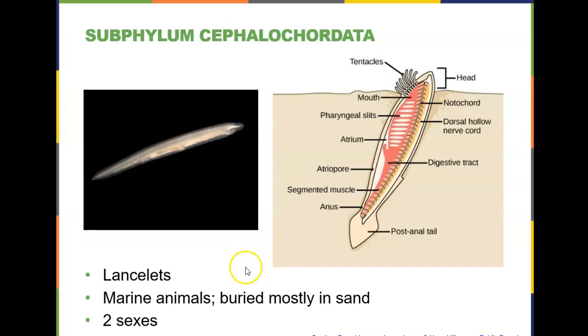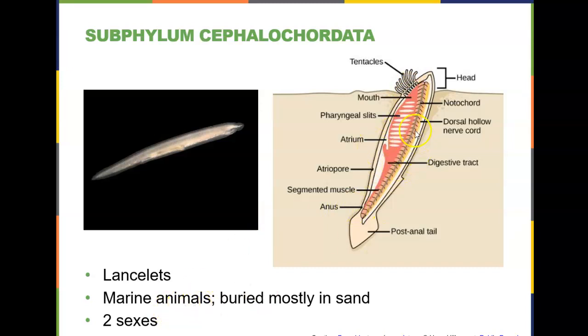We move on to the lancelets. Again, you don't need to know the subphylum name. These are animals which again have all four structures: notochord, dorsal hollow nerve cord, pharyngeal slits, and the postanal tail. And they do maintain all four of these into the adult form. They are also marine animals.